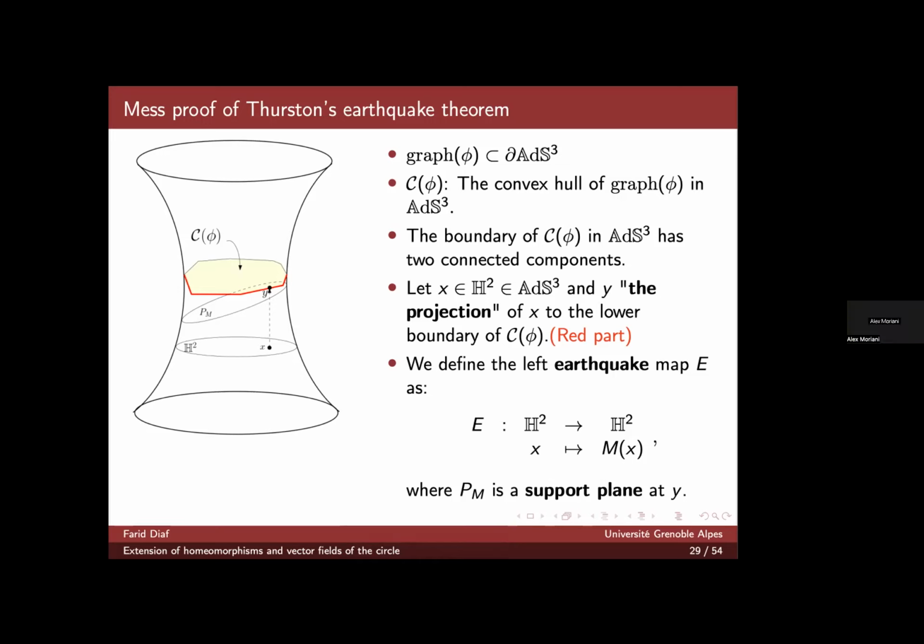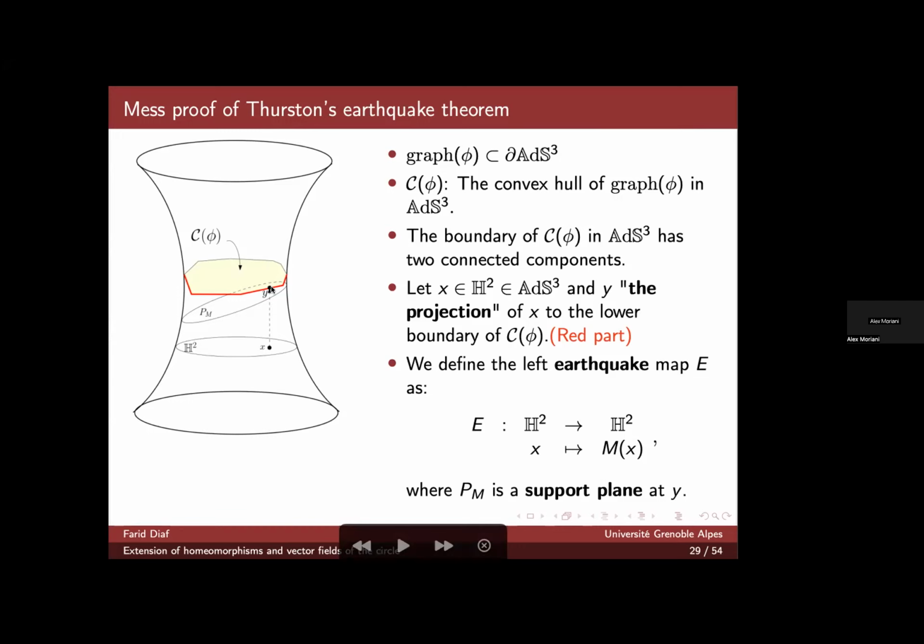It's not an isometric product of H2 cross S1. Yes, you follow this S1. This is what I call the warped projection. And that's not what you do, right? You follow a geodesic orthogonal to H2. I don't know, honestly. I don't want to say something stupid.